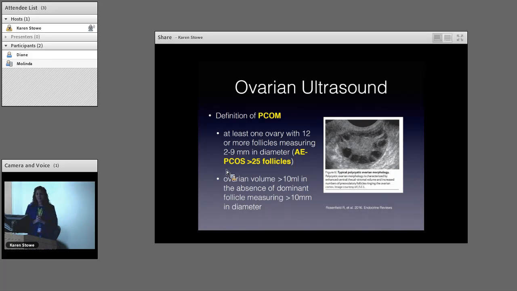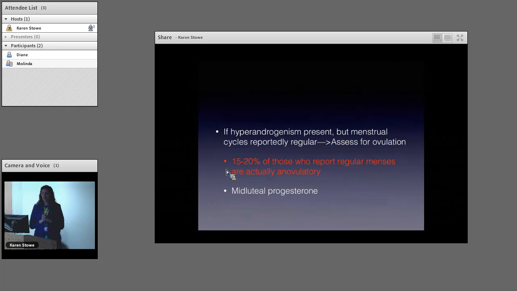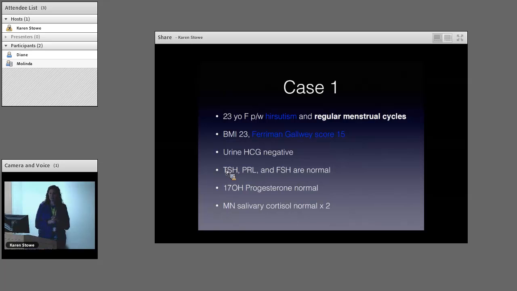Sometimes I get that ultrasound report in those equivocal patients that you're not sure what they might have, and get an ultrasound that's not all that helpful to give you a diagnosis. I agree, and that's why in my scenarios, I often went to laboratory testing first to see if that could give you the diagnosis as opposed to the pelvic ultrasound.